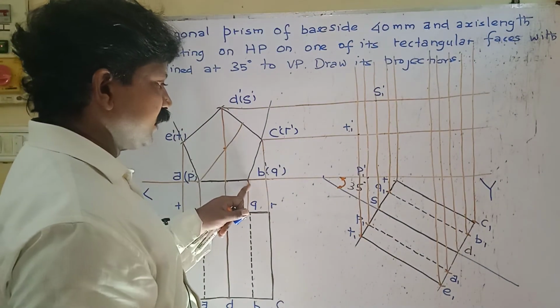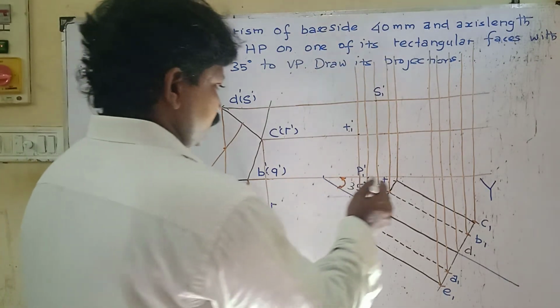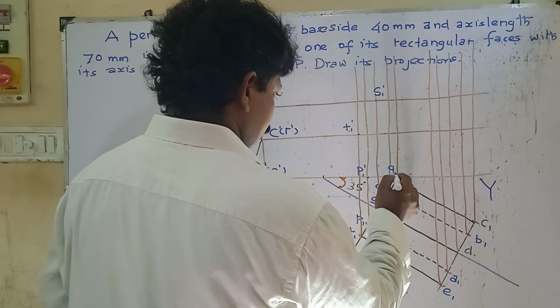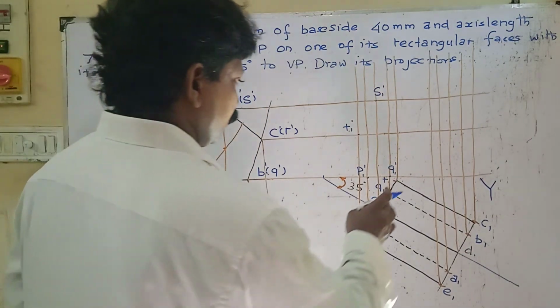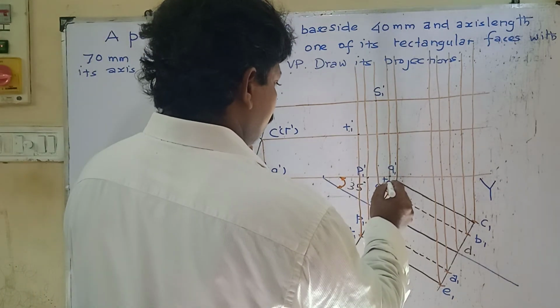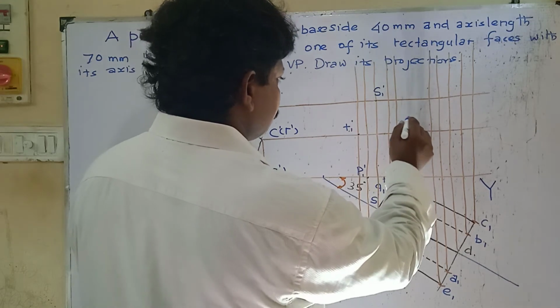Q1 and Q dash intersecting point as Q1 dash. R1 and R dash intersecting point as R1 dash.